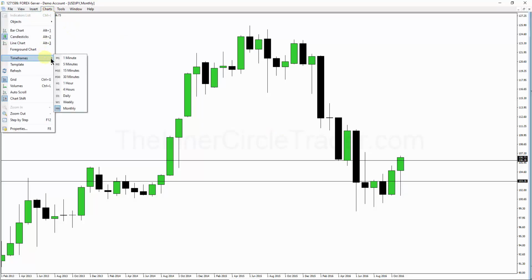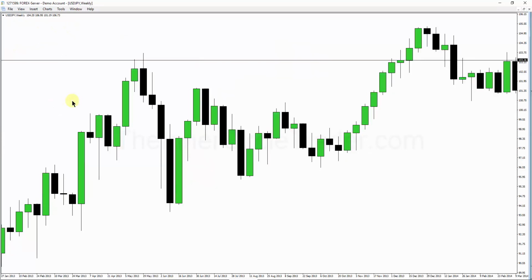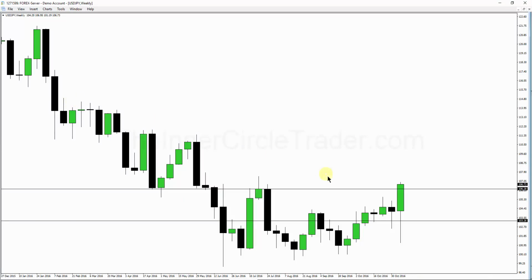We drop into a weekly chart. Here's price trading below 103.26, and again here on the US election, trading down into the bullish order block. We go into a daily chart.